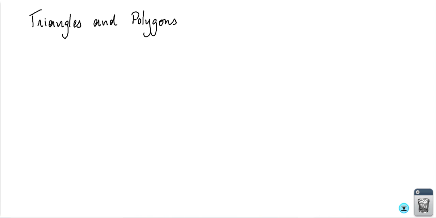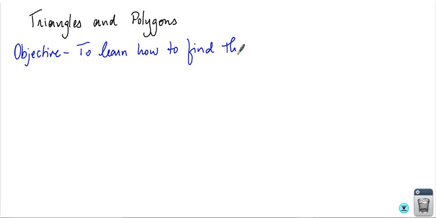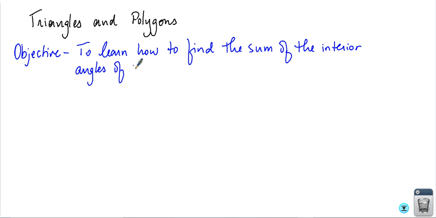Today our objective is going to be to learn how to find the sum of the interior angles of polygons. That is our objective for today.